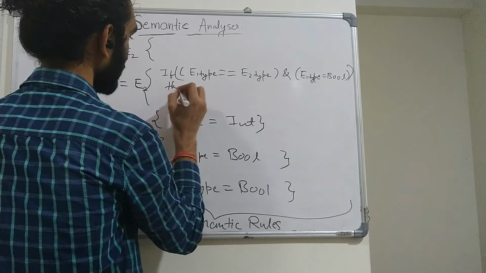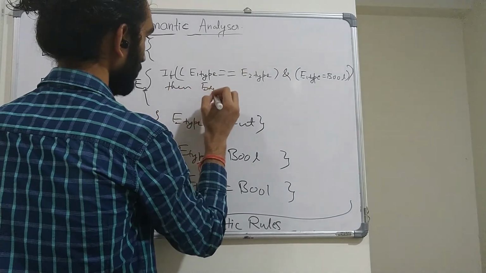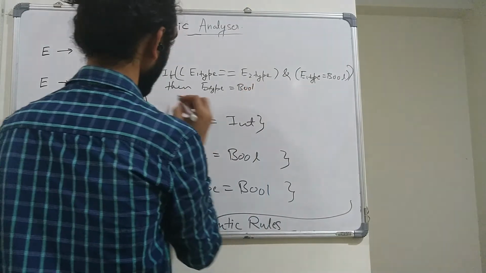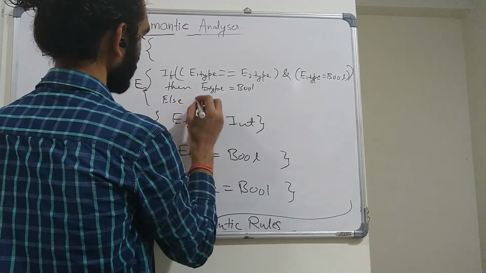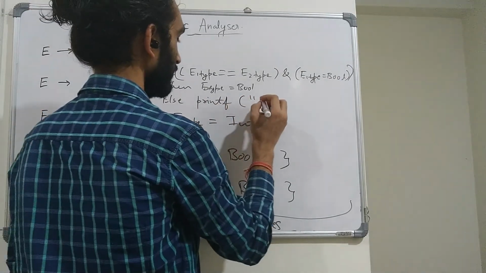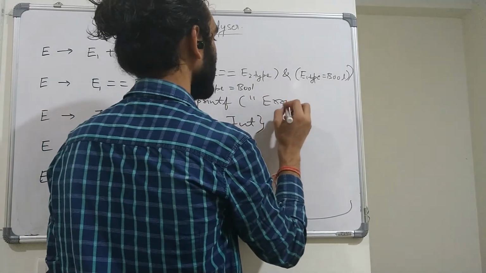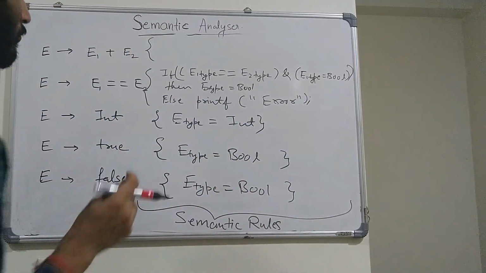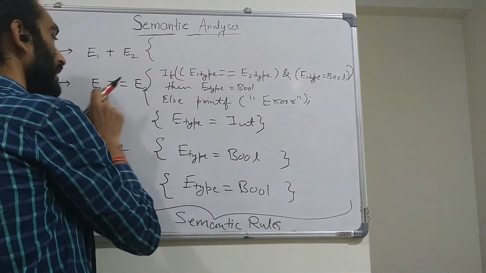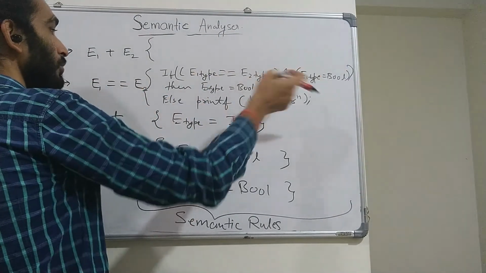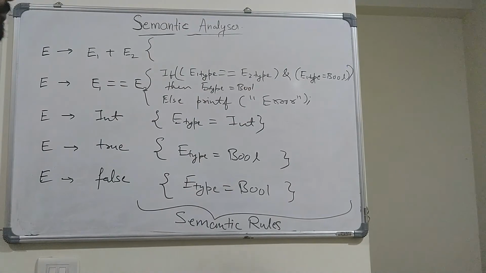Then E type should be your bool. Else what should it be doing? It should be returning an error, printf error. Right? The same thing we are doing here: we are verifying that the type of E1 should be equal to the type of E2, and if the type is boolean, I am assigning the type as boolean.